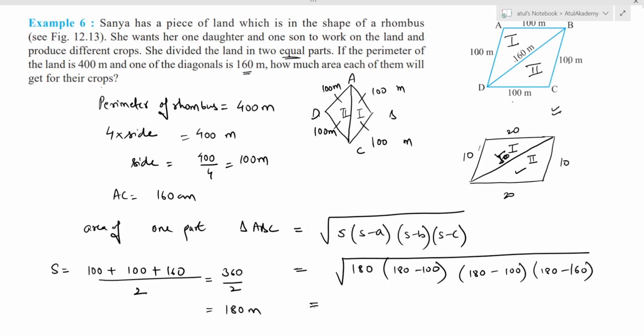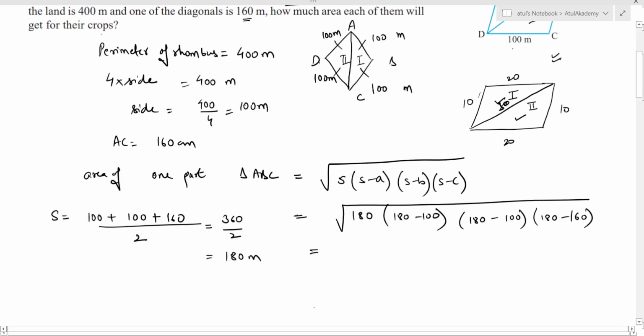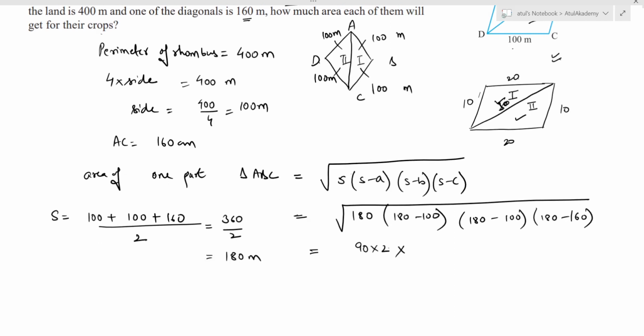I hope it's clear, students, still here. Then 180 I can write as 90 into 2, or you can write as 9 into 20. So that's 80 into 80 into 20. Better write it as 9 into 20 because I need 20 as a pair.